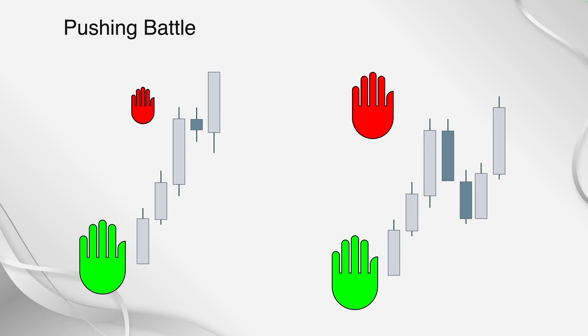That overall creates consolidation price action, rangy price action. So if both hands are really strong, we are not going anywhere. And that's exactly what we also need to dive into in this video.